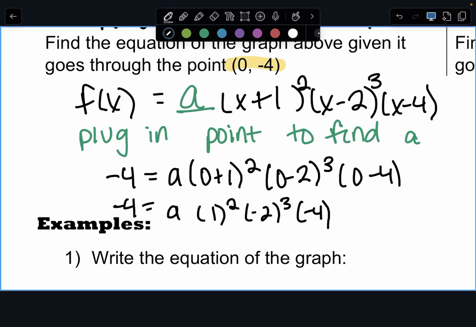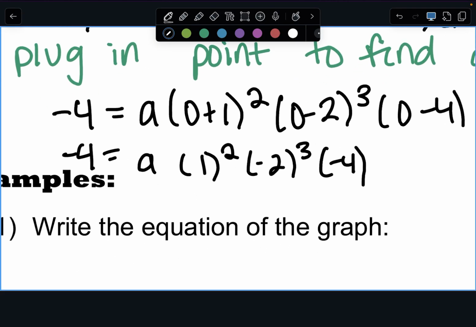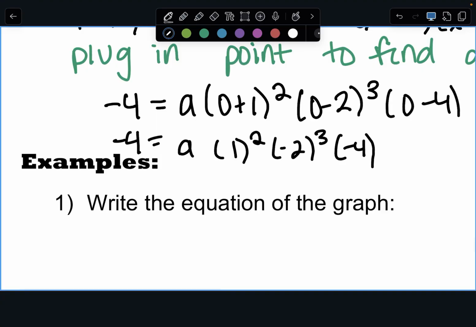Okay. Again, we're just solving for A. So what I'm going to do on the right here is multiply all of these out. You could just dive straight into your calculator. That would be fine as long as you are extra careful about parentheses, especially around negatives, okay?